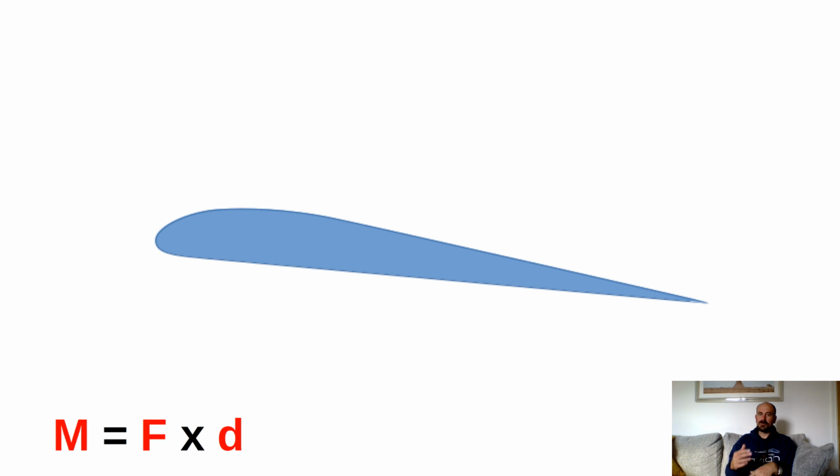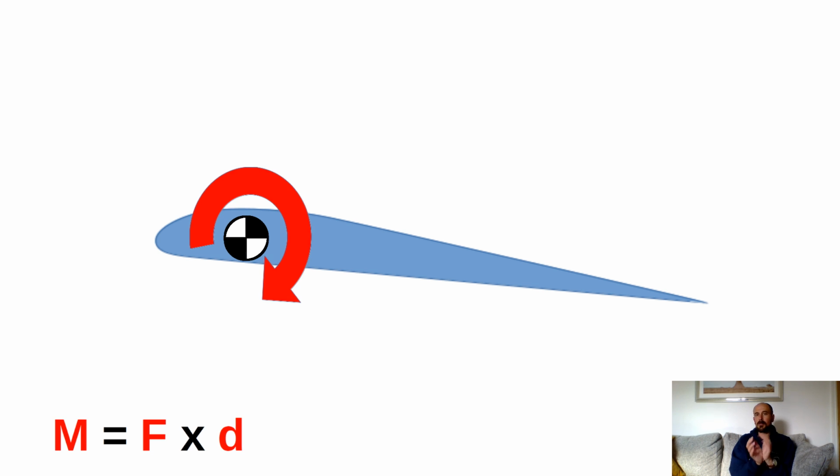Sometimes you pick different points for different reasons. Sometimes we might take the centre of mass as being the point that we measure moments about. It's usual that we pick a point that has one of the forces acting directly through it. So if you pick the centre of mass as the point that you're measuring moments about, that makes sense because the weight is acting through that point.